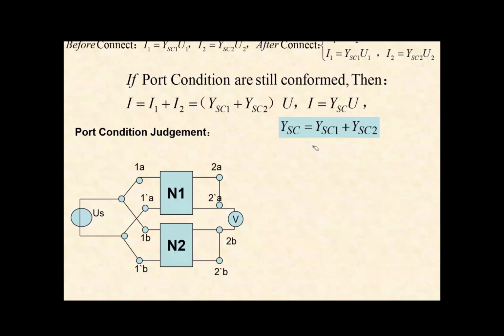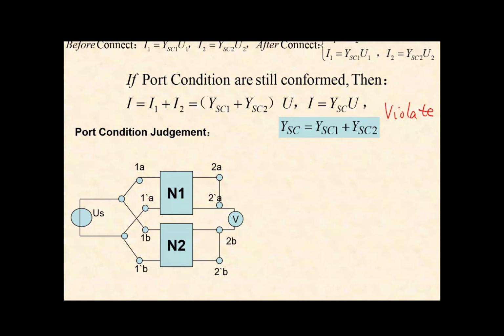We have discussed that in some conditions, parallel connection will violate the port condition. In practice, we have a simple method to judge if the port condition is still satisfied.